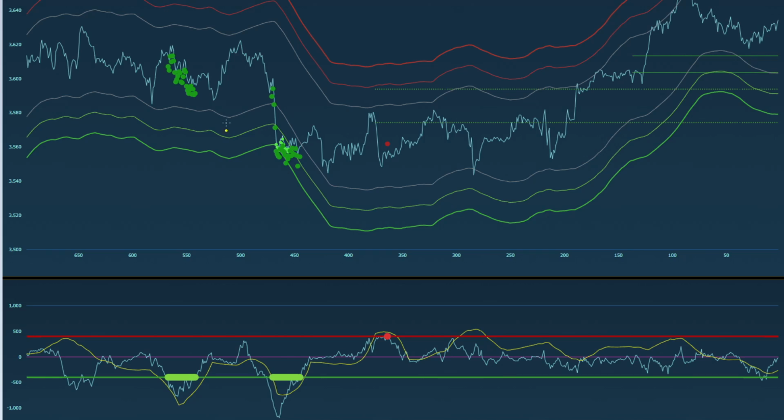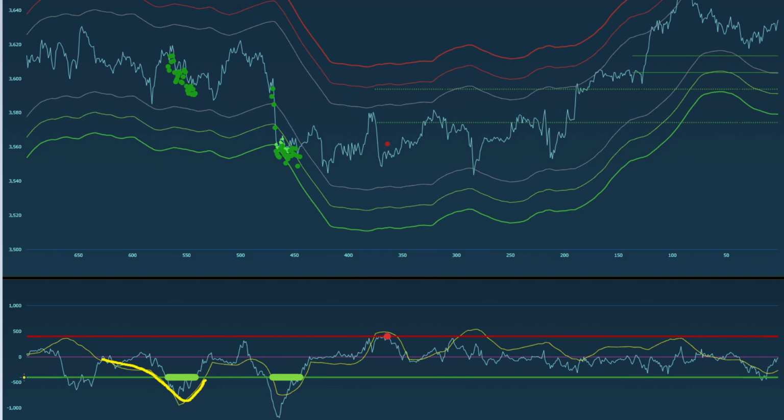based on 3 key points. The first thing you need to see for the trend change to take place is that, for example, Momo 2 had been below minus 400.